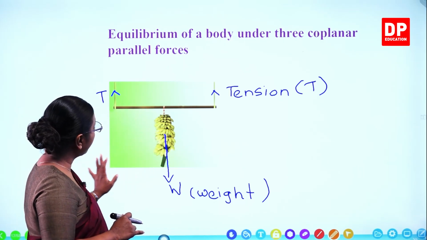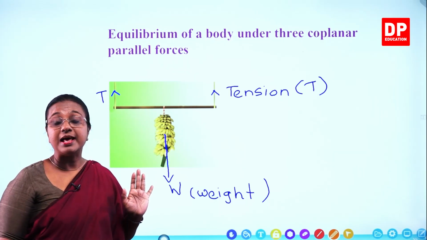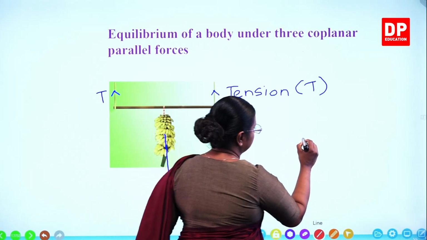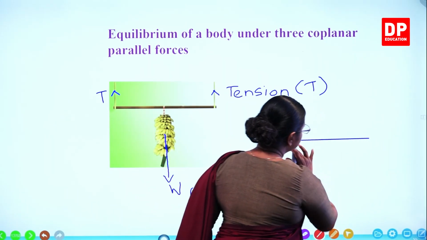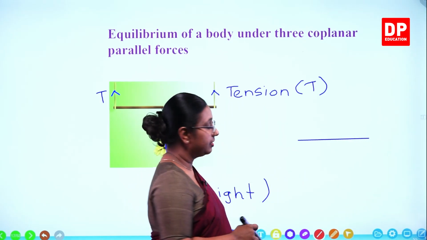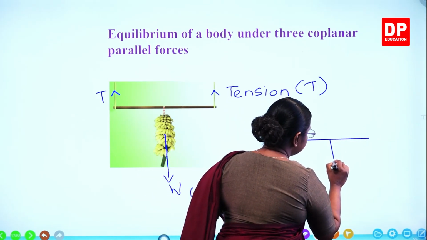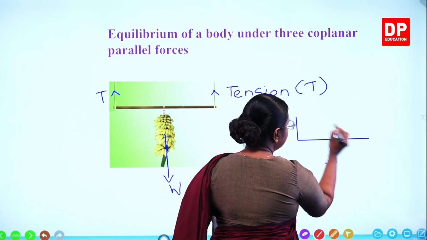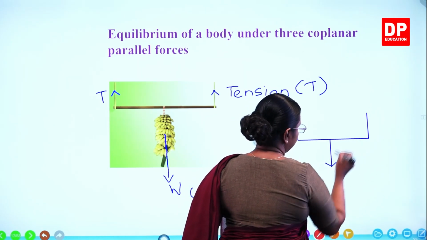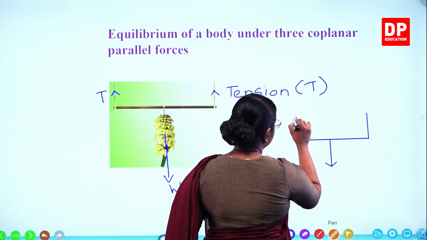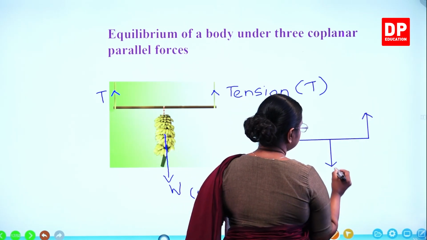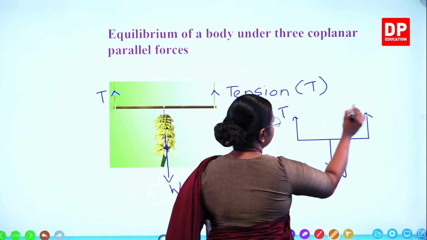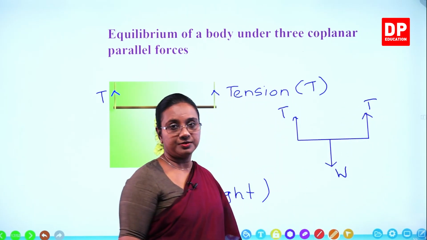And if you look at all three forces, they are parallel to each other. If we denote these diagrammatically, this is the smooth light rod, and here this is the weight of the bunch of bananas, and there are two strings acting. So, this is where the weight is, and on the two strings there is the tension.